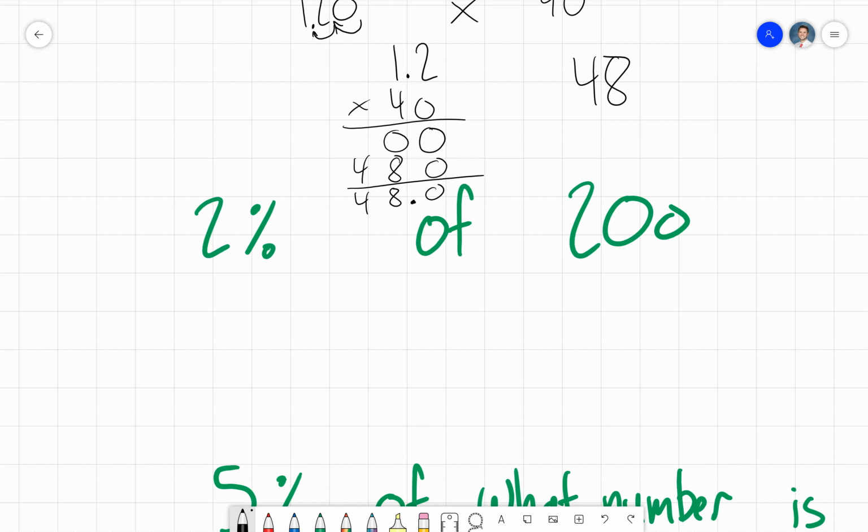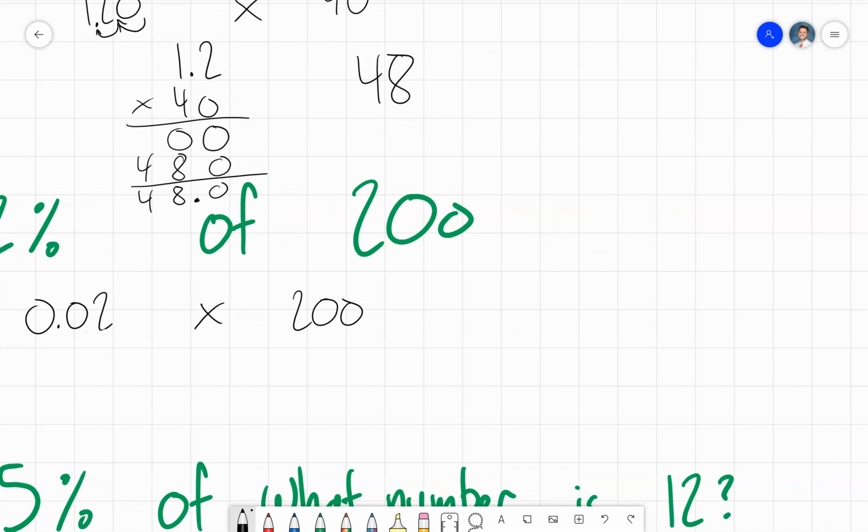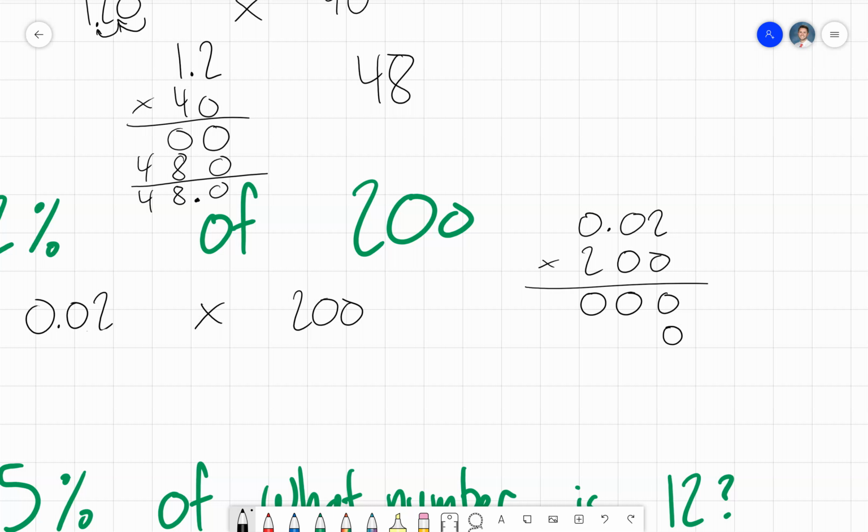Okay, the next one, we have 2% of 200. So again, we'll set this up. 2% times 200. Turn our percent into a decimal. That would give us 0.02. And again, we will multiply that by 200. 0 times 2 is 0, 0 times 0 is 0, 0 times 0 is 0.